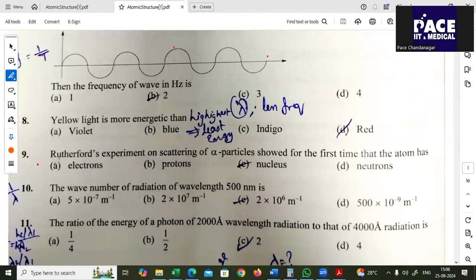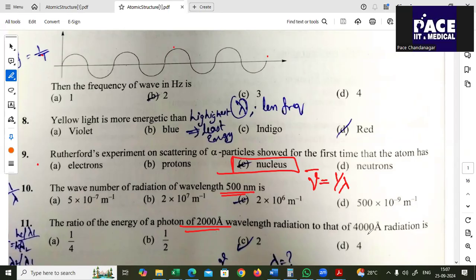Next, moving on with the question number 9. Rutherford's experiment on scattering of alpha particles showed for the first time that atom has a nucleus. Yes, wave number of radiation of the wavelength 500 nanometer. Wave number, nu bar, is 1 by lambda. You will do that. Ratio of the energy of the photon of 2000 angstroms wavelength to the radiation of 4000 angstrom radiation.